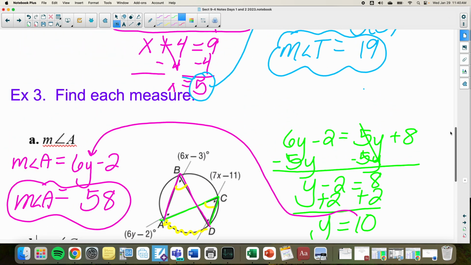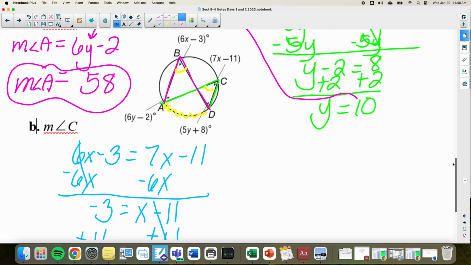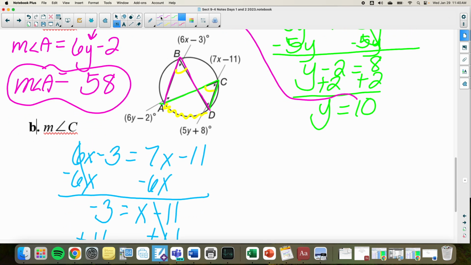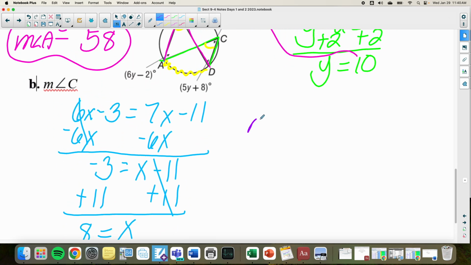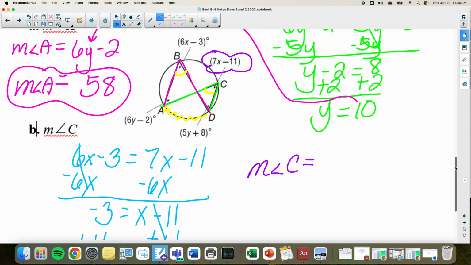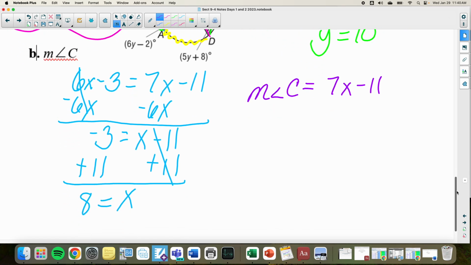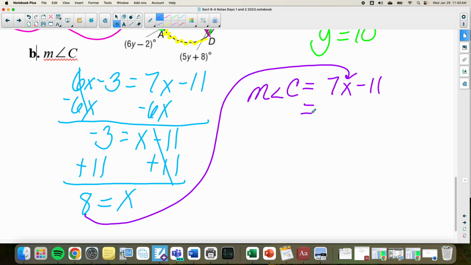And now what I would do is put that back in for angle C, and angle C is right here, which is 7x minus 11. So the measure of angle C is 7x minus 11. And then I just take what I just found for 8 and put that into x. 7 times 8 is 56, minus 11 is 45.